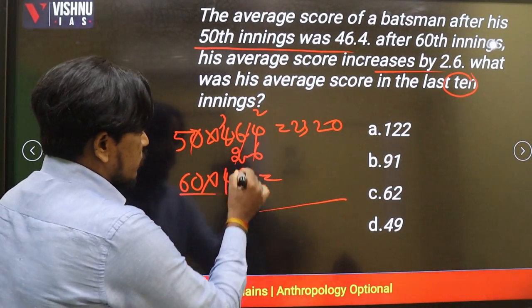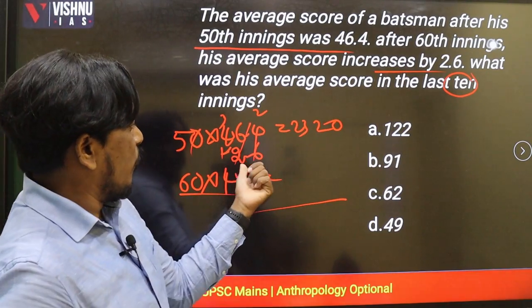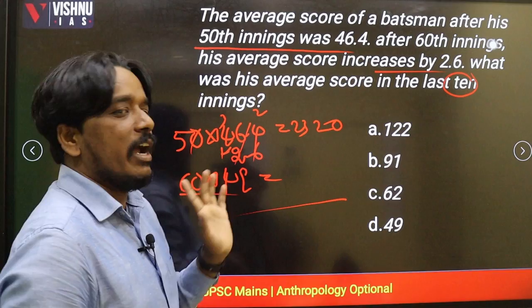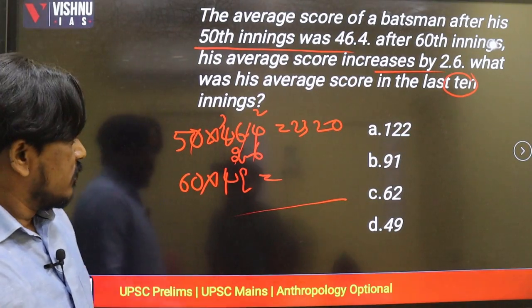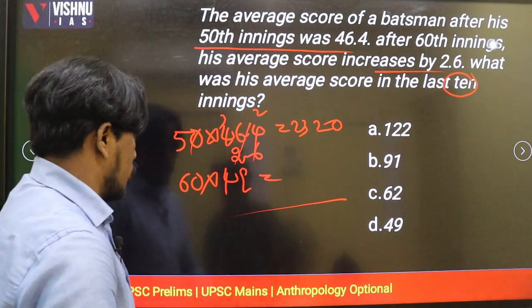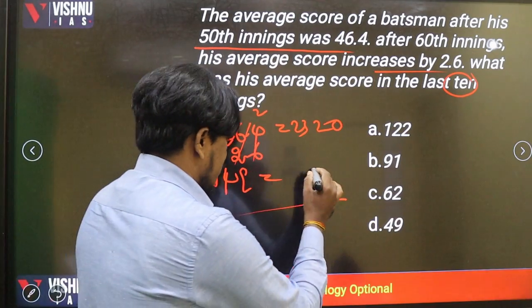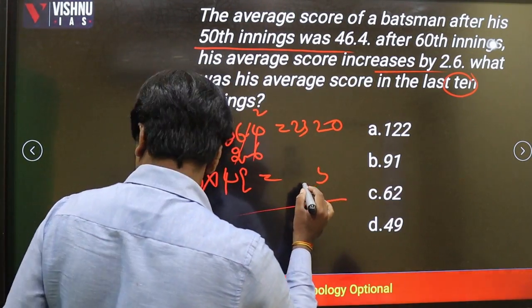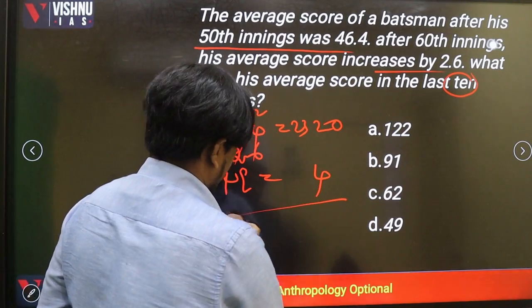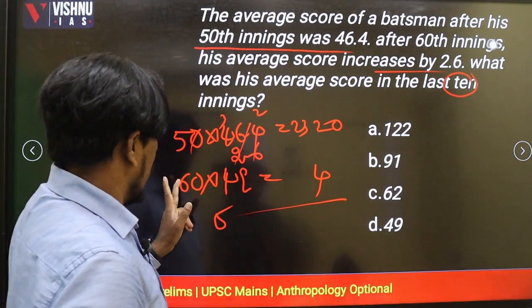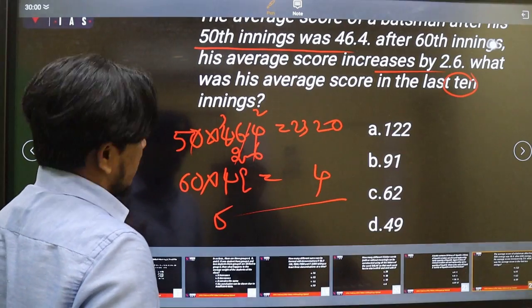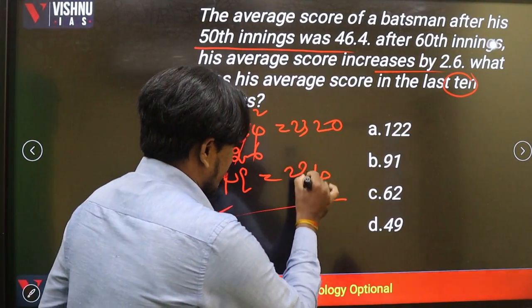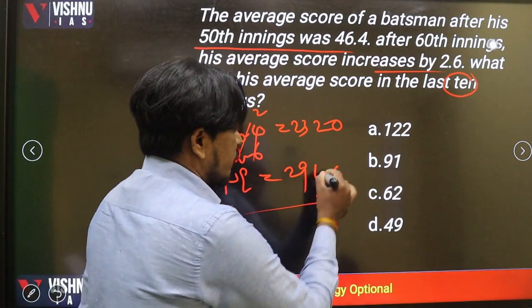Then for the 60th innings, what is the difference we have taken? 2.6 is increasing, we added that to 46.4, and 49 is the value. Similarly, if you simplify this one, 6 4s are 24, and 6 9s are 54, so we will get 2940.